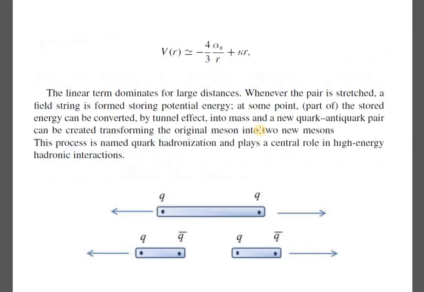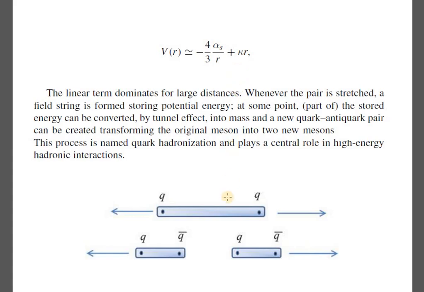Now, about this linear term, when will it become important? When we go to large distances. Inside the charmonium, we have a c c-bar pair.